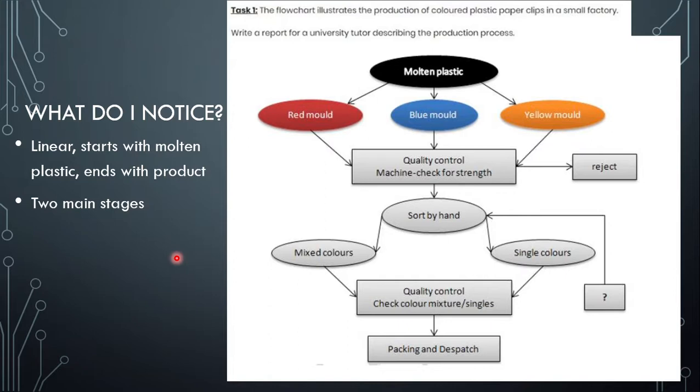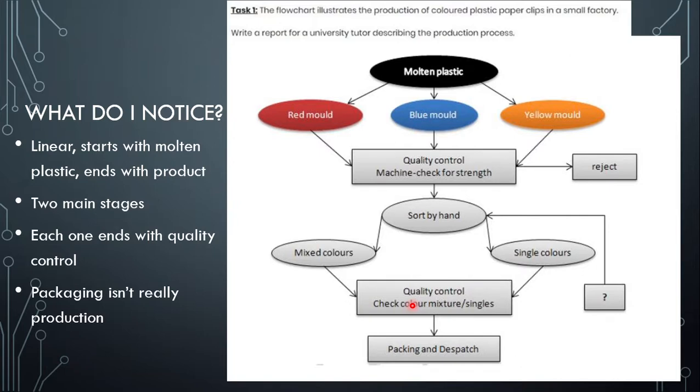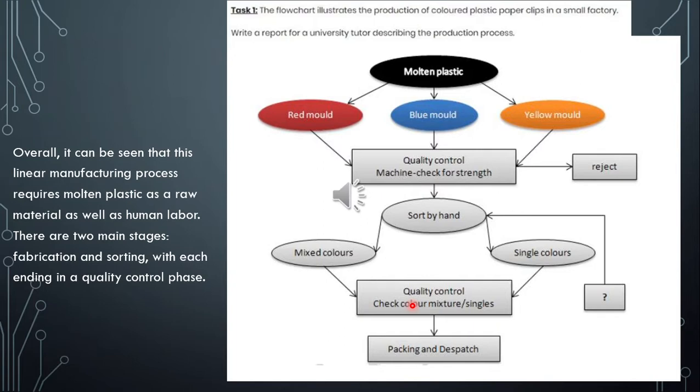Body paragraph 1, the first stage. Body paragraph 2, the second. And each one ends with quality control. Quality control, quality control. It's something that they have that's the same. And I don't think of packaging and dispatch as a stage in this process because the paper clips are already made. That's just demographics. Mystery box, just ignore it.